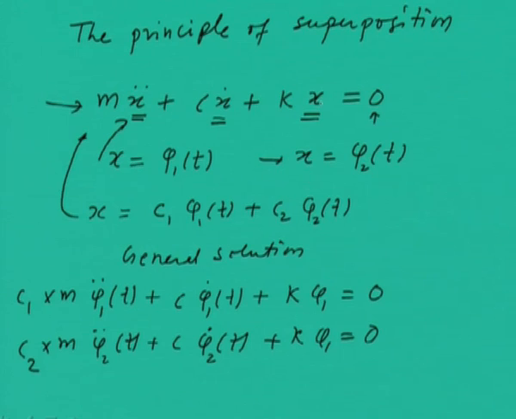If we have a differential equation in which we have some other power of x, like x square, then we are introducing nonlinearity in the system. Nonlinearity can be there in other terms also, like velocity or acceleration, but in this particular case we are considering the nonlinearity in this x.